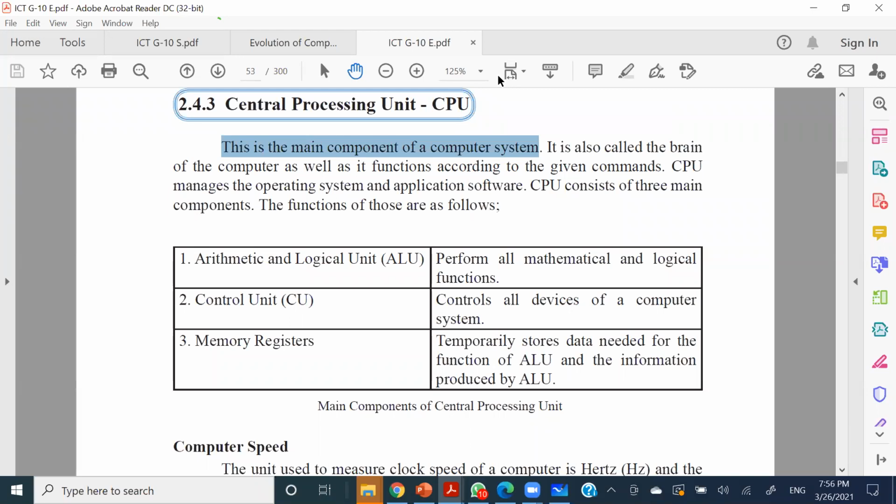That will be the first point. And the second point, it functions according to the given commands.